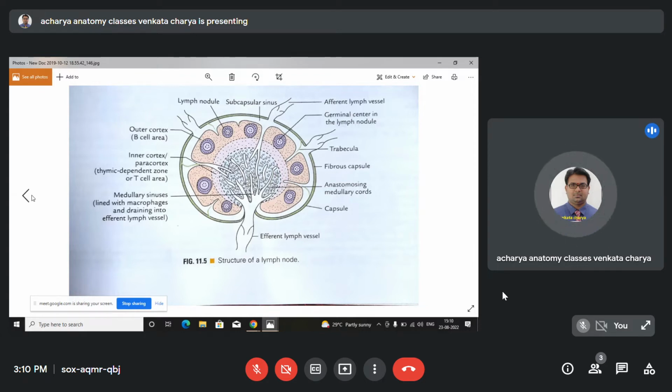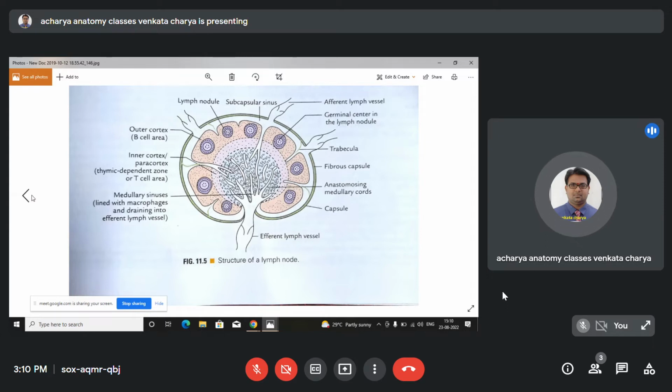In the cortex there are two parts, the outer cortex area and the inner cortex area. In the outer cortex area there is a presence of lymph nodules, a number of lymph nodules.